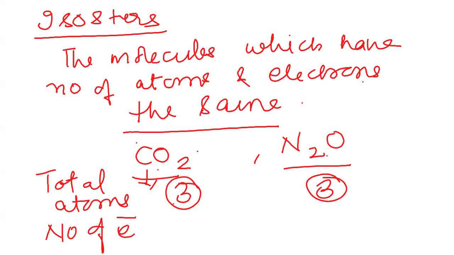Now, the total number of electrons: 22 for carbon dioxide.